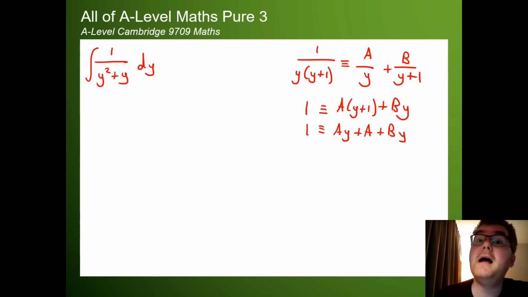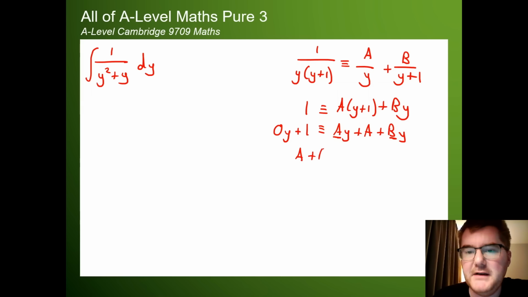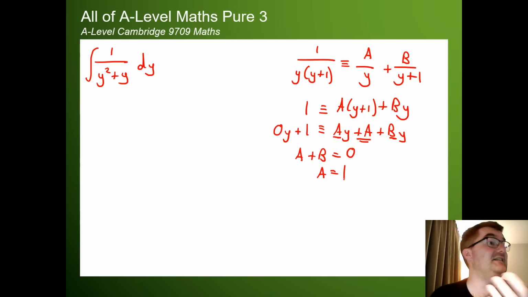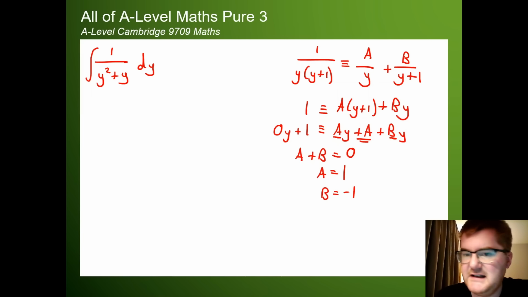And now we're going to compare our coefficients. Notice we've got an a here and a b here for the y, and there is no y over here. So that means then a plus b, the coefficients of y over here, is equal to 0, and the number left over, a, must be equal to 1, which is a really easy equation to work with here. If we know a is 1, then therefore b must be minus 1 in order to get 0.